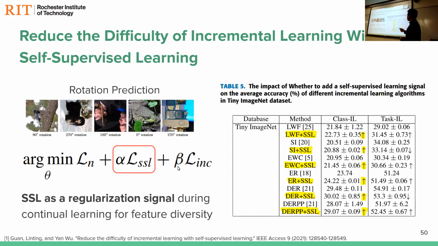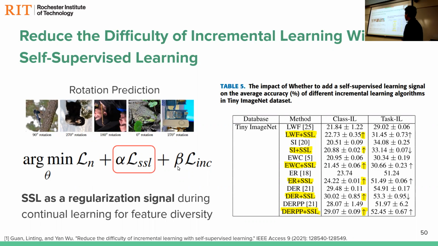For that, I want to show you this work called Reduce the Difficulty of Incremental Learning with Self-Supervised Learning. What they do here is they use the self-supervised learning loss as a regularization signal during the continual learning stage. They do this so they can ensure that you will have feature diversity.